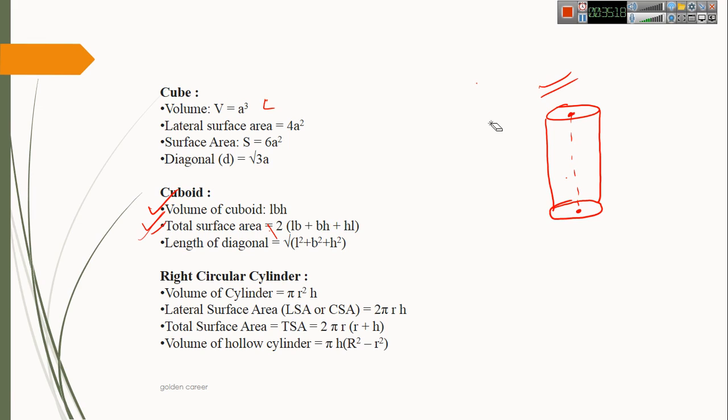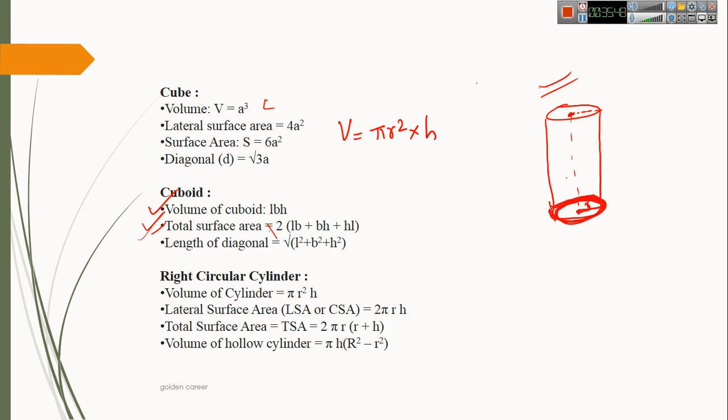For a right circular cylinder, volume is equal to pi r square into h. If we consider the radius of the base and the top, both to be r, since both circles should be of the same radius, then the area of this disc will be pi r square.